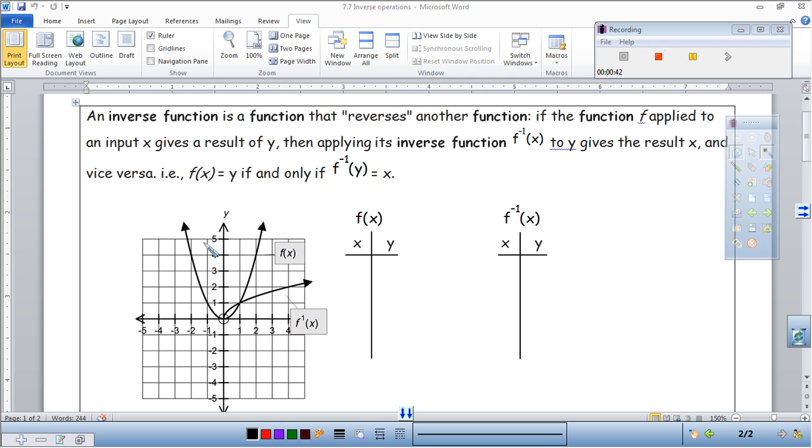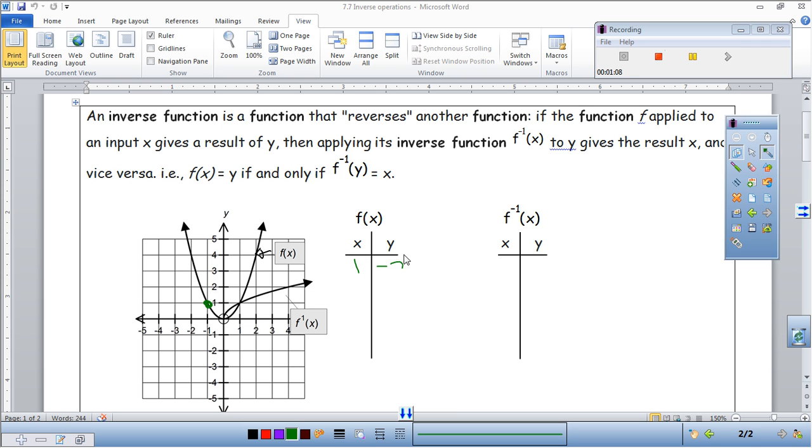Okay? So this function right here is your function. This graph right here is your inverse function. We're going to write down some ordered pairs for this one. So let's start with our first one right here: 1, negative 1. When x is 1, y is negative 1.